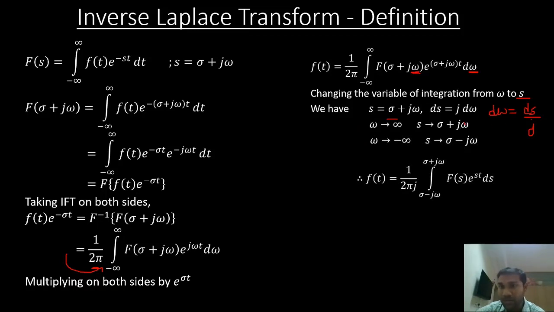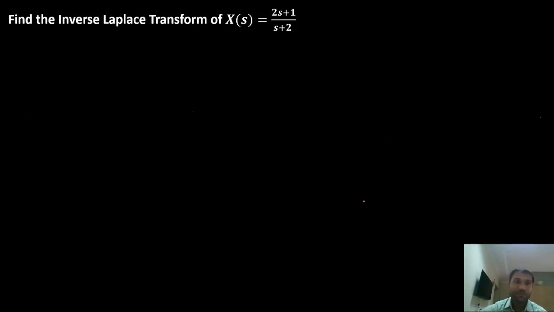This is not j omega, this is j infinity. If I have previously told it is sigma plus j omega and sigma minus j omega, please correct it. The limits are sigma minus j infinity to sigma plus j infinity. Right? So this is the formula for the inverse Laplace transform.